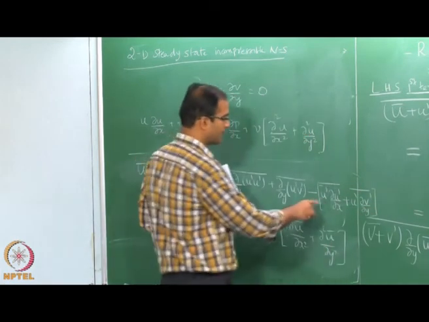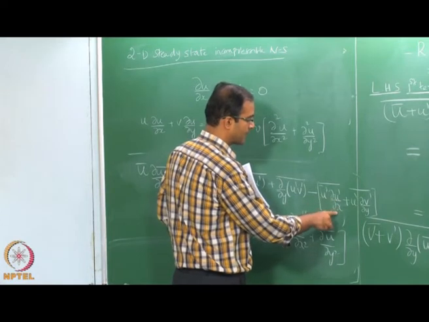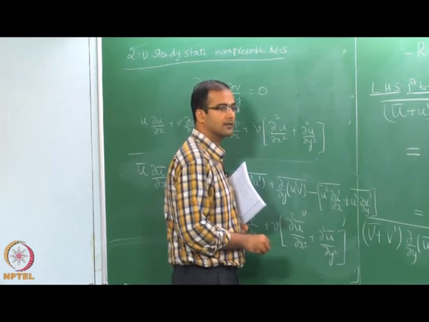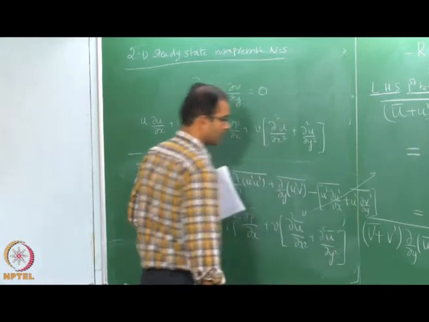If you take u prime common, then we have du prime by dx plus dv prime by dy, which satisfies the continuity for the fluctuating component. So, this will be 0.